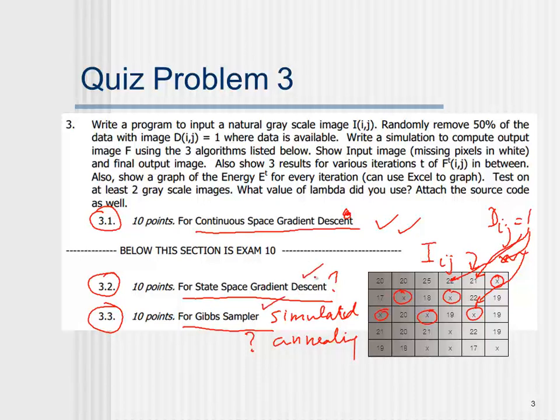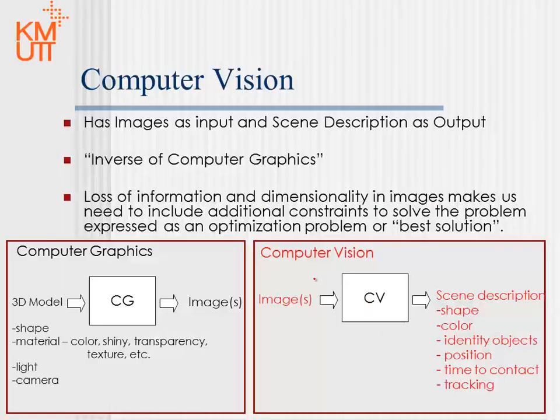We'll go through these two topics in a little more detail. Before we get into all this, I just want you to get the idea that computer graphics and computer vision are kind of inverse problems in some sense. In computer graphics, you have a complete 3D model of the world.